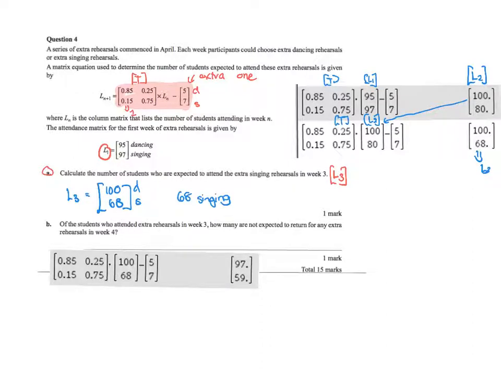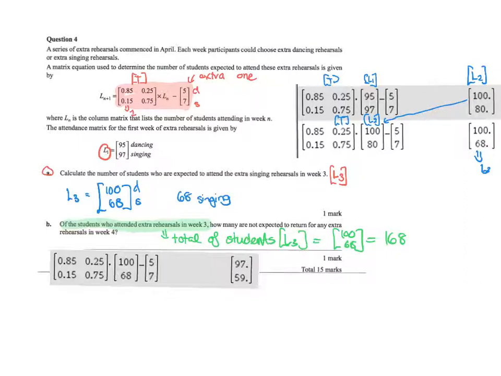Of the students who attended rehearsals in week 3, what that means is you need to total the students in week 3. So that would be in L3. Wouldn't you add those up? So it actually equals 168, yeah?